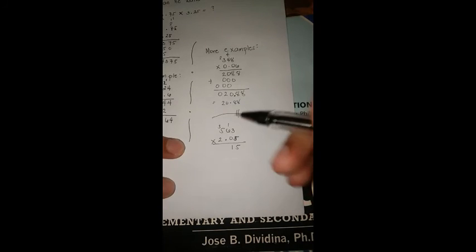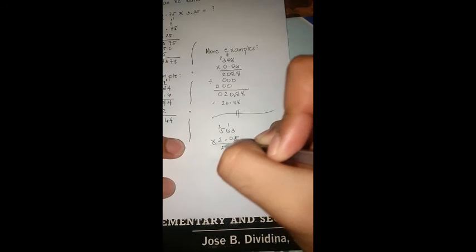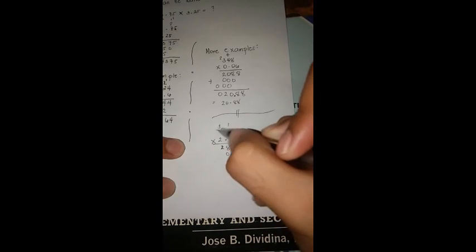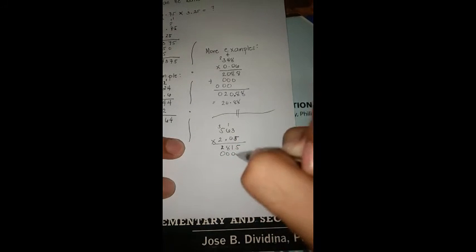Carry 3. 5 times 5 is equals to 25 plus 3 is equals to 28. Then, 0 times 3 is equals to 0. 0 times 6 is equals to 0. And 0 times 5 is equals to 0.